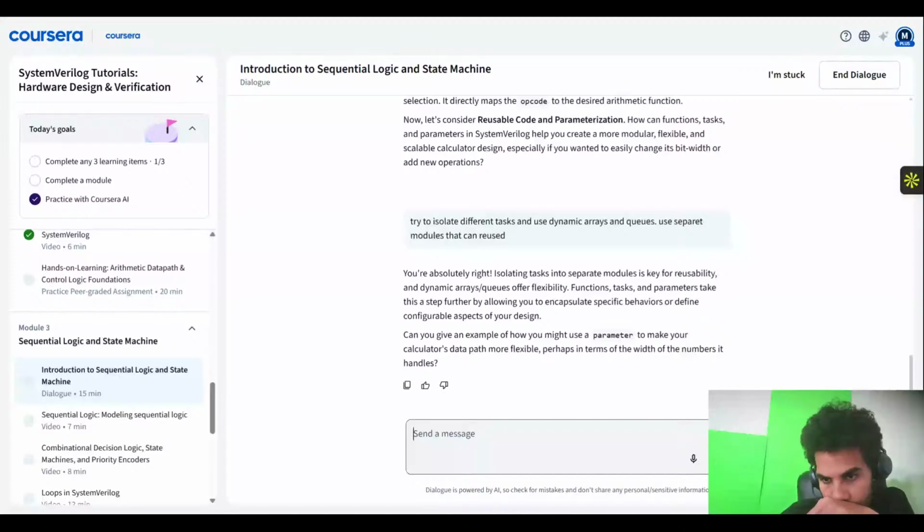Isolating tasks into separate modules is key for reusability. Dynamic arrays and queues offer flexibility. Functions and tasks help further by allowing you to encapsulate specific behavior, and parameters define configurable aspects of your design.